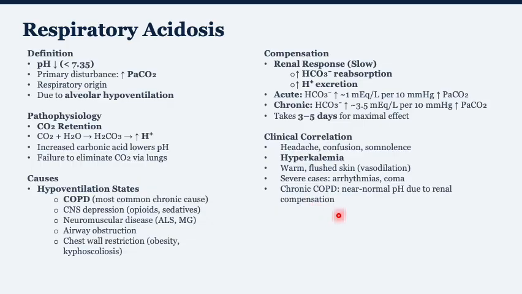So in patients that have chronic COPD, they can have a near normal pH, and that's due to their renal compensation. However, if this patient has COPD and develops a metabolic acidosis, they're not going to have an adequate compensation. And so they may present with a mixed picture. You may see a little bit of metabolic and respiratory in those patients.